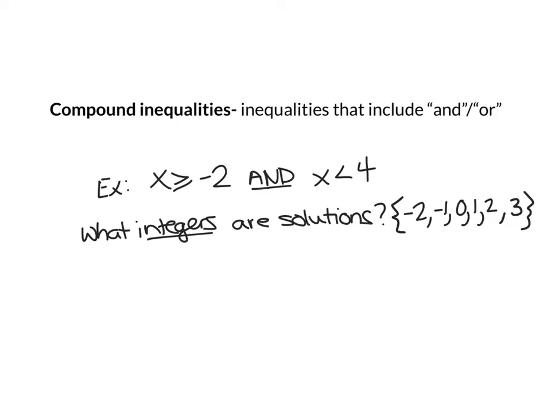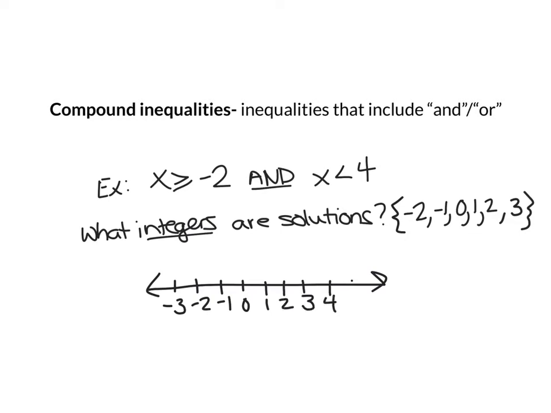If I wanted to graph this on a number line, I could. I'm going to start with my inequality on the left here. x is greater than or equal to -2. So I'm going to have a closed circle at -2.